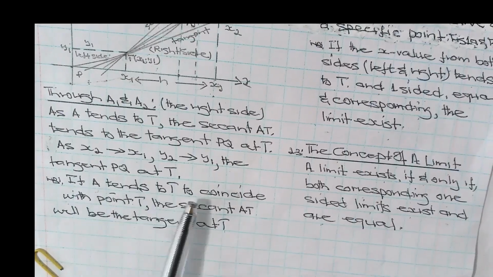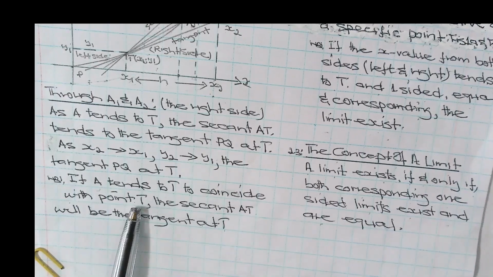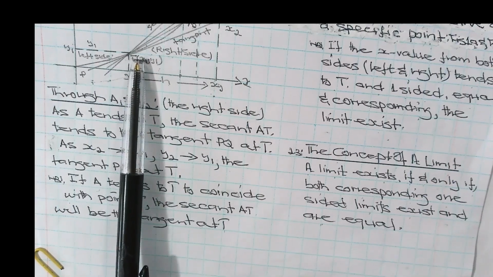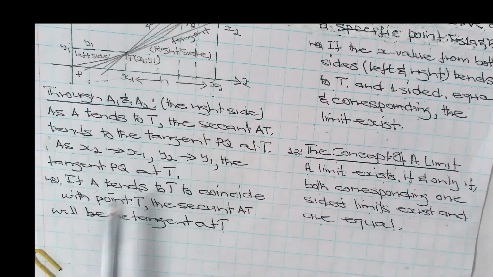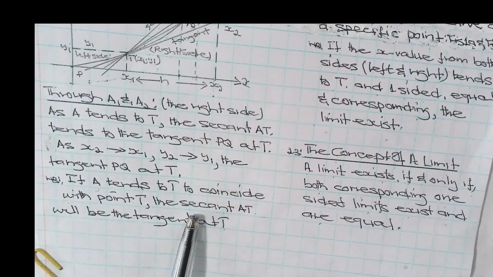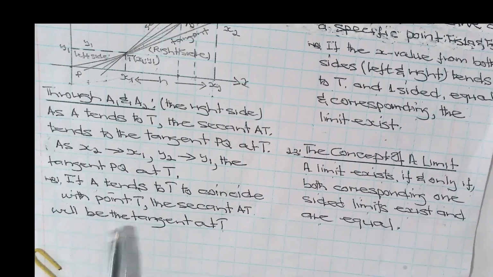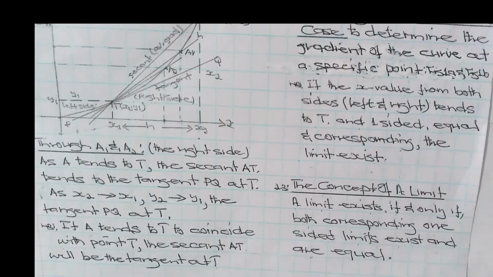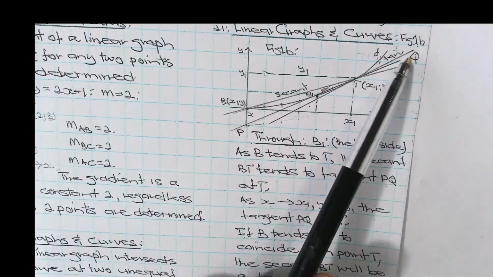If A tends to T to coincide with point T, to be one and the same with point T, then the secant, which means the average gradient AT, will be the tangent gradient at T. The same scenario occurs with figure 1b.